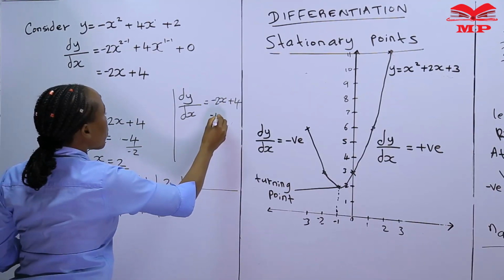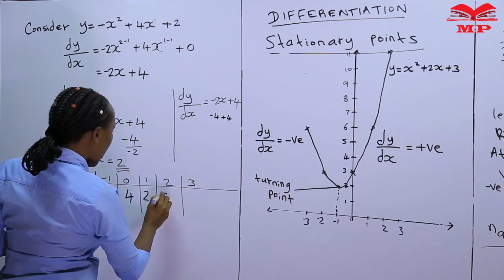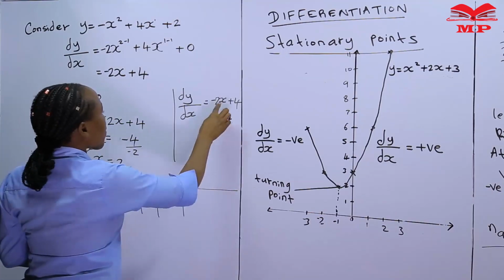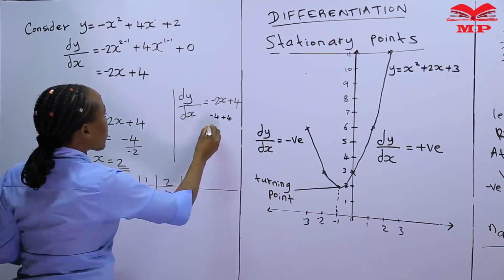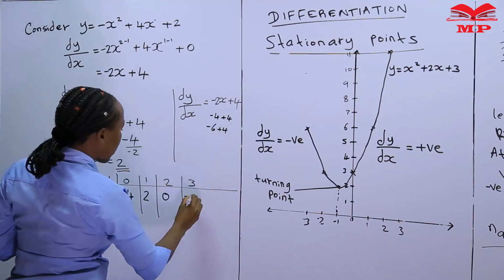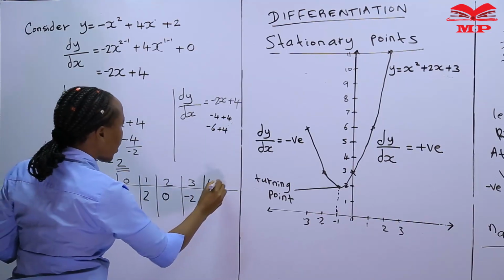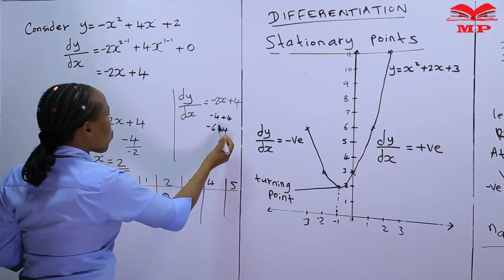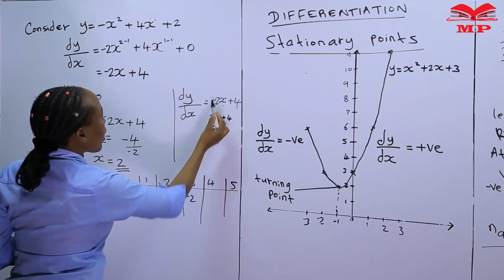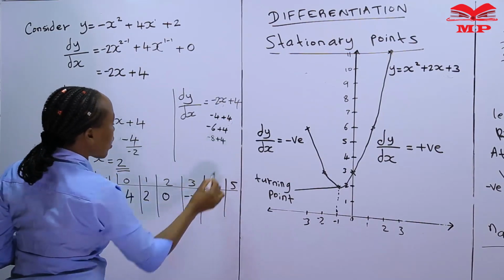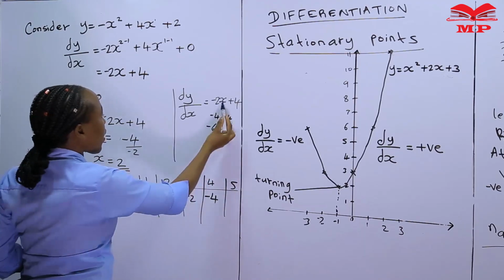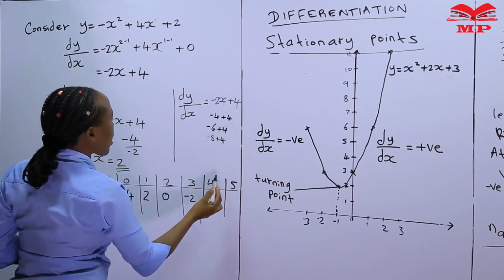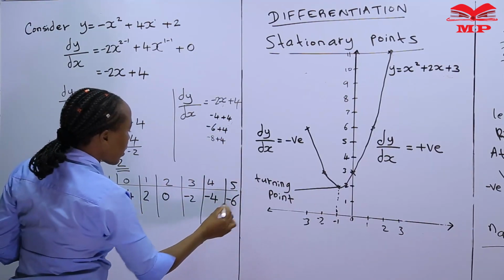That will be -4 plus 4. We have 0. Then when we have 3, -6 plus 4, -2. We can even move on to 4 and 5. So for 4, we have -8 plus 4. That will be -4. When it is 5, -10 plus 4, that is -6.